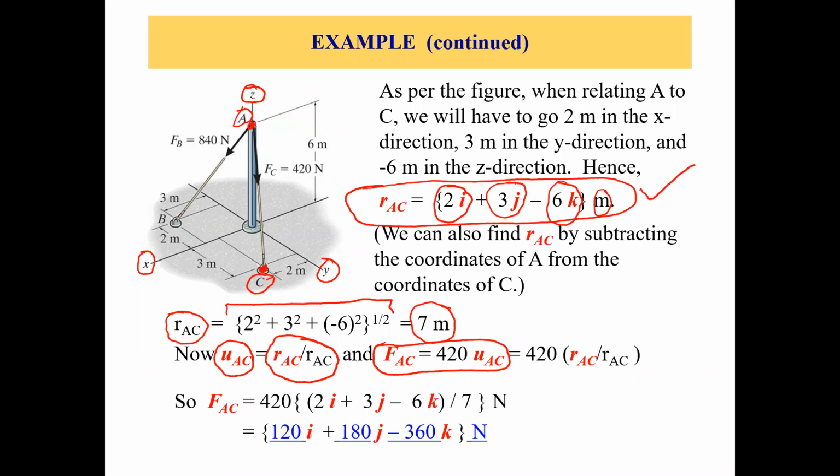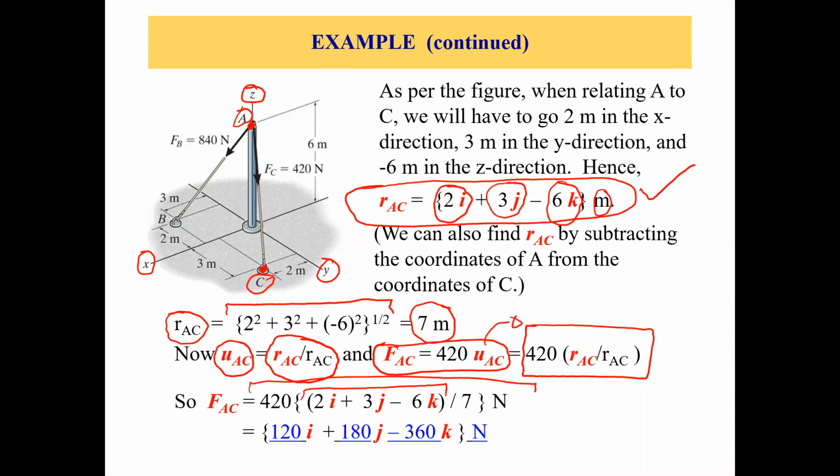If you put in the value of U sub AC here, you'll get 420 times the position vector divided by the magnitude of the position vector. 420 is the force, 420 newtons, times R sub AC, which is 2I plus 3J minus 6K, divided by 7, the magnitude of the position vector.